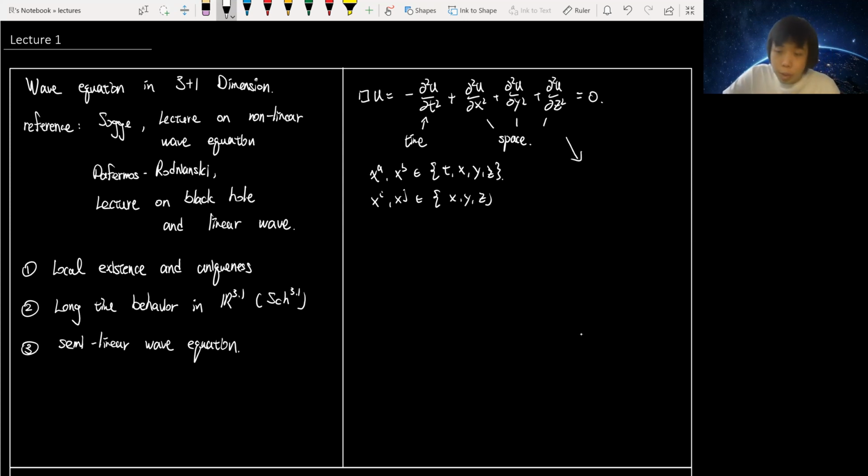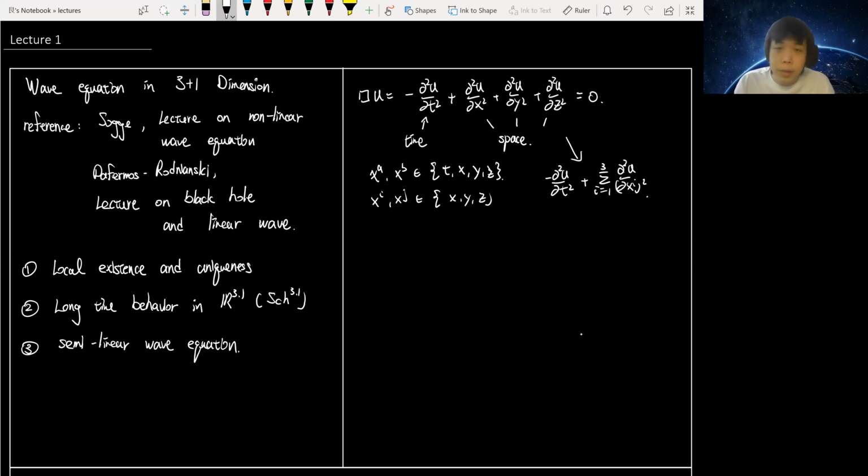So this equation, sometimes we just write it as d squared u dt squared plus a summation. Okay, so this is the standard wave equation.